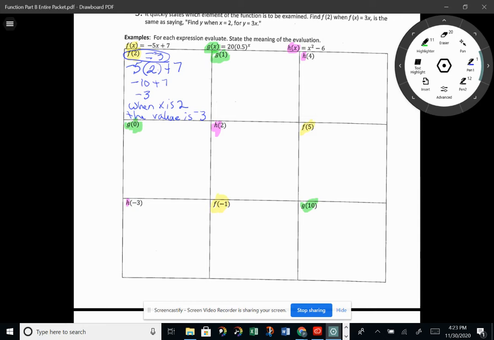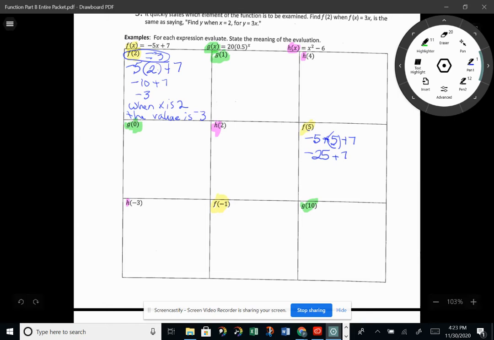Because I'm already doing function f, I'm going to find my other one that says function f and use that. So now we have f of 5. When x is 5, -5 times 5, because I'm inputting that 5 in, and then plus 7. -5 times 5 is -25, and then plus 7.